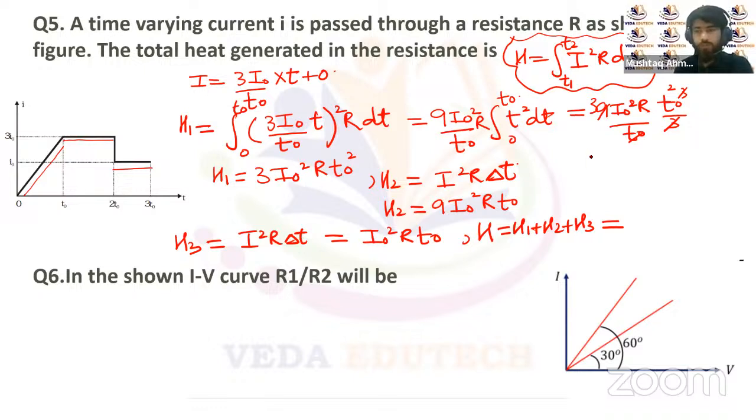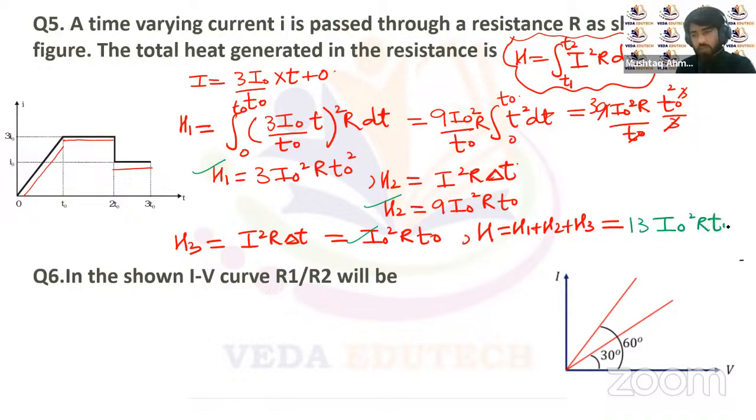That will be equal to 3 I naught square plus 9 I naught square, that's 12 I naught square, and plus I naught square, that's 13 I naught square. That will be 13 I naught square R T naught.